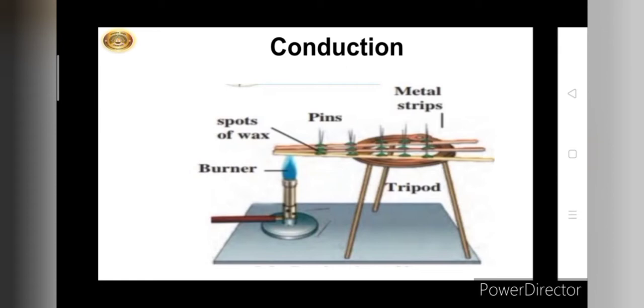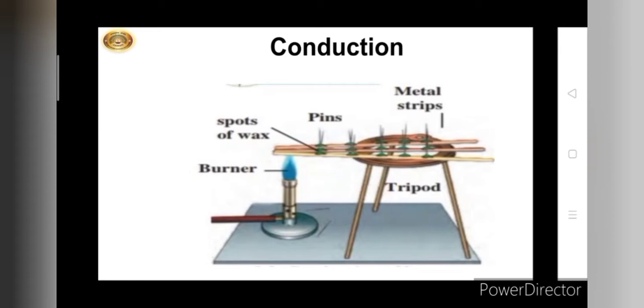We will see that the iron nails attached to the aluminium rod with wax start falling one by one. The nail attached nearest to the heated end of the rod falls down first, and then the next ones fall. But the nail attached to the clamped end of the rod drops last of all.